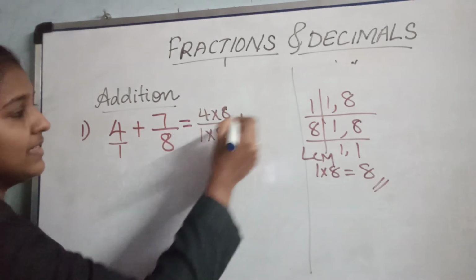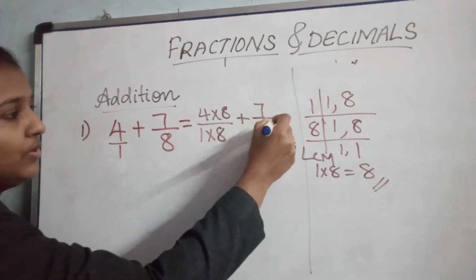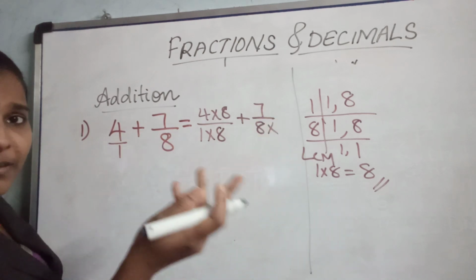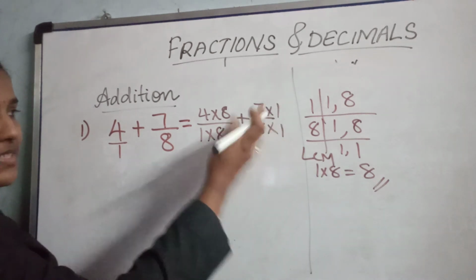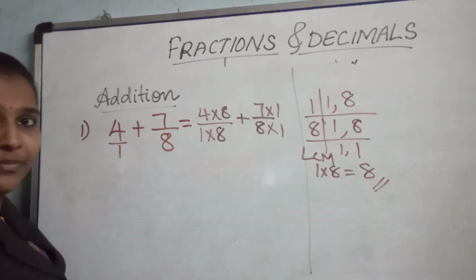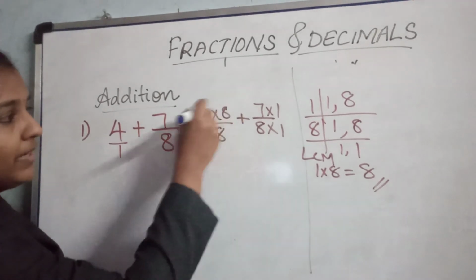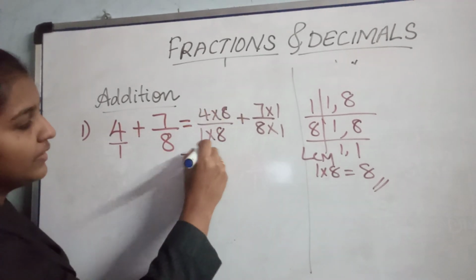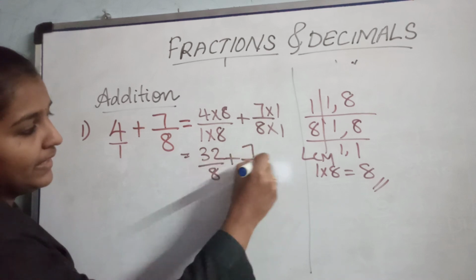Then plus 7 by 8. Here it is already 8, so no need to multiply with any other number. You can just multiply with 1, because 8 ones are 8, 7 ones are 7. Okay? Got it? Alright.